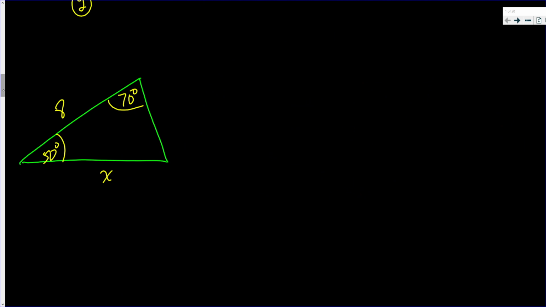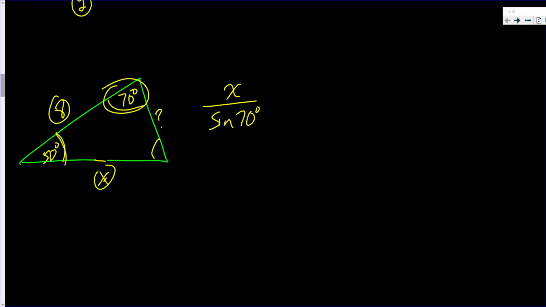In this problem, we have x and the angle opposite it, so we have that pair with one unknown. But we have this side, but we don't have the angle opposite it. We have this angle, but we don't have the side opposite it. But we can find this angle. 50 plus 70, that's 120.